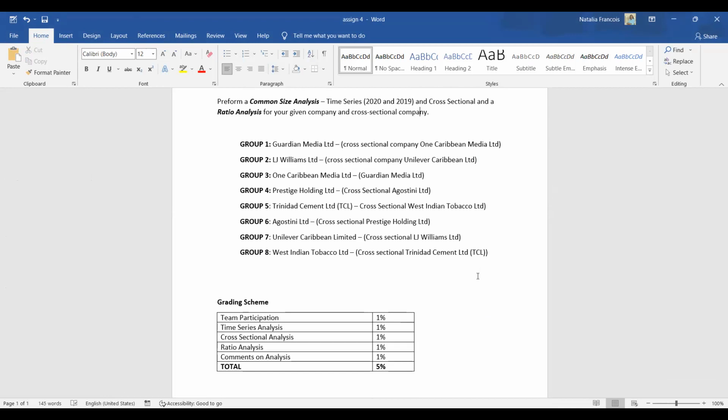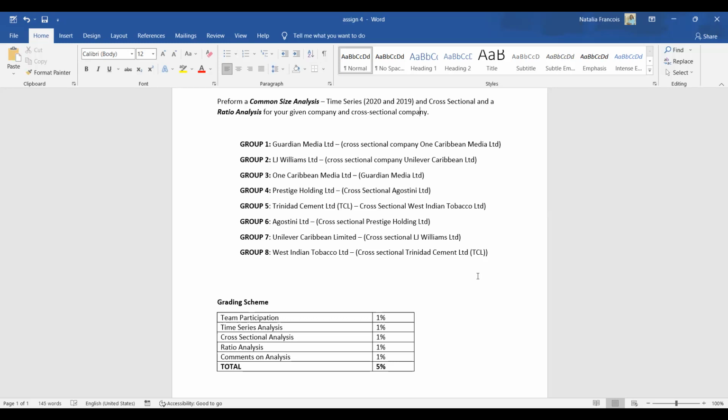1%, 5% up to your final grade: 1% for team participation, 1% for your time series analysis, 1% for your cross-sectional analysis, 1% for your ratio analysis, and 1% for your comments on your analysis. All right, so that's the format I want it in.